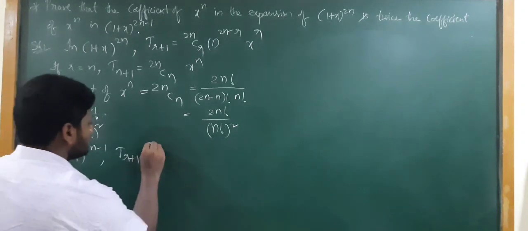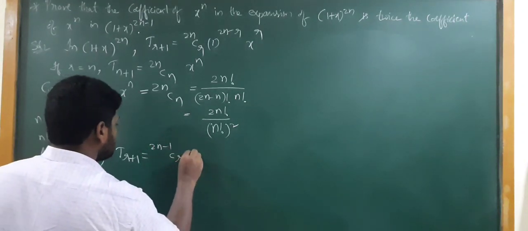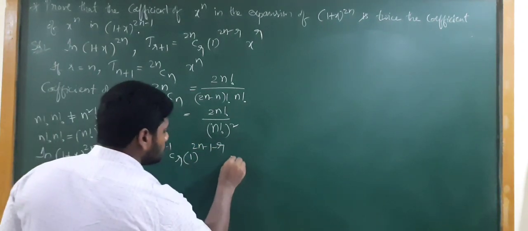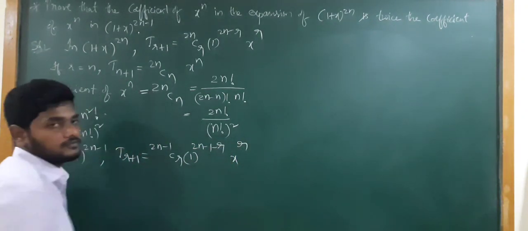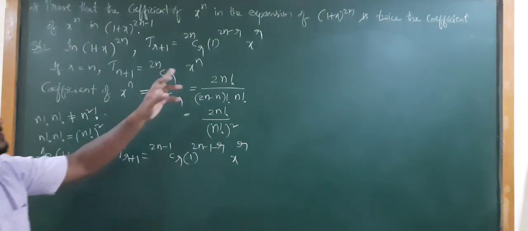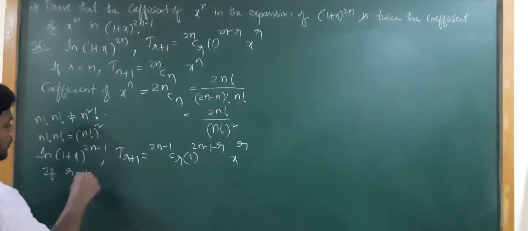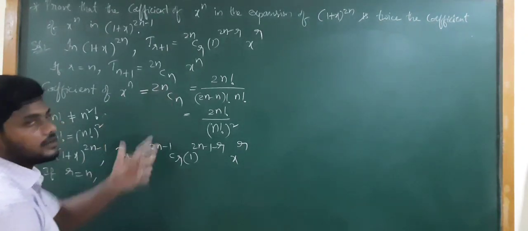What is t(r+1)? It is 2n minus 1 C r times 1 to the power of (2n minus 1 minus r) into x to the power of r. Now, when will we get the x to the power of n term? If r is equal to n, then only we will get the x to the power of n term.